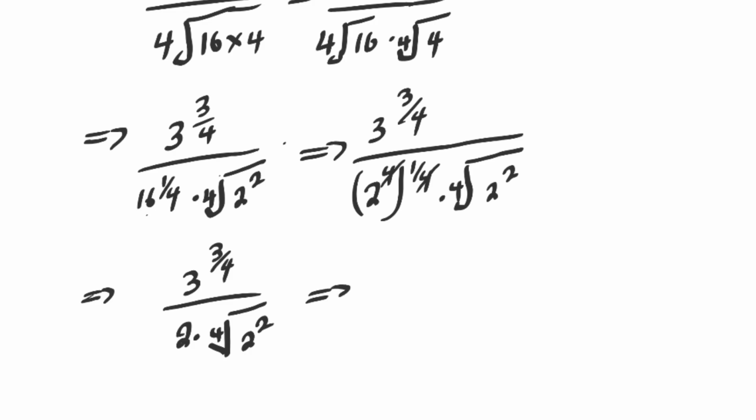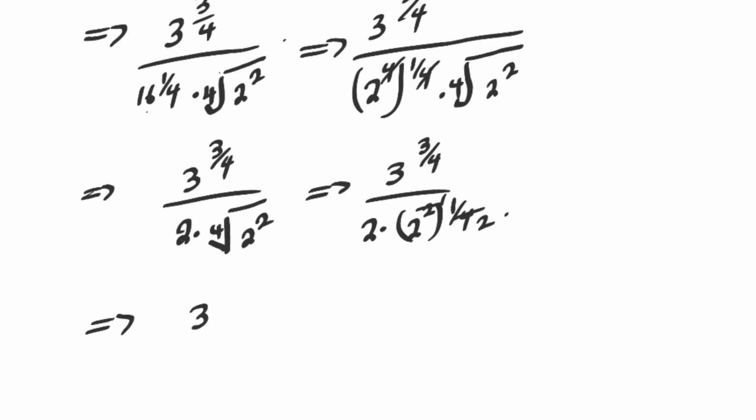And this is the same thing as 3 raised to the power 3/4 over 2 multiplied by the fourth root of 2 squared, which can be written as 2 raised to the power 2, to the power of 1/4: 2 here 1, 2 here 2.